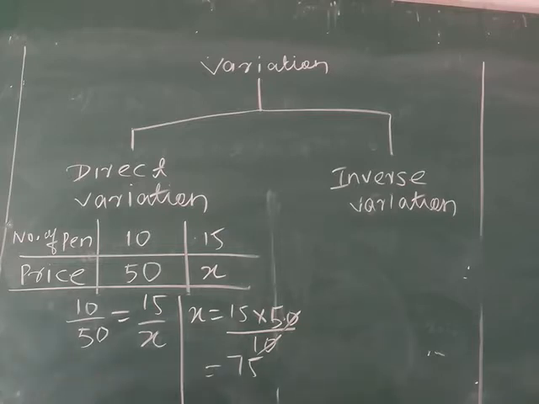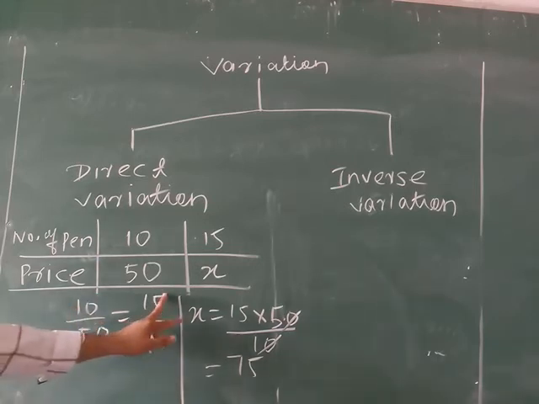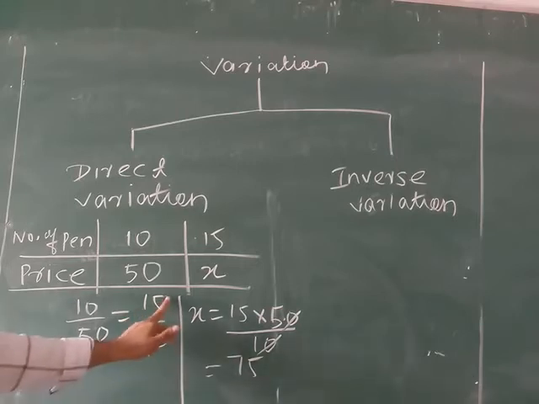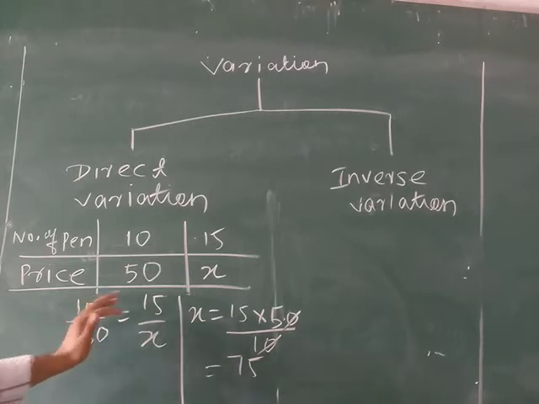Side change, sign change. 10 into x, 10x, equals 15 into 50, x equals 15 into 50 by 10. You can understand this. I have told you so many times: side change, sign change.